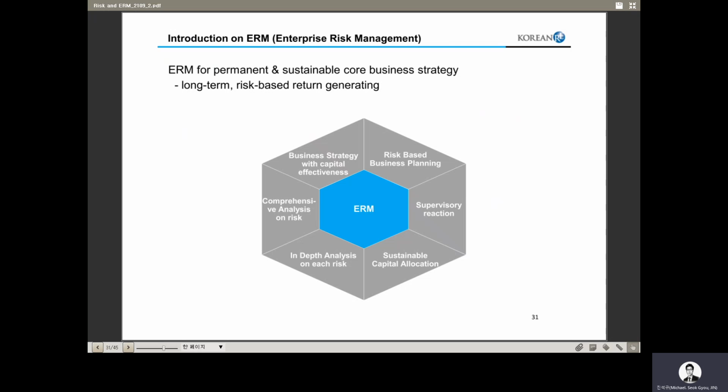ERM is a process, not a certain material or a model. It pursues permanent and sustainable core business strategies for long-term, risk-based return generation.